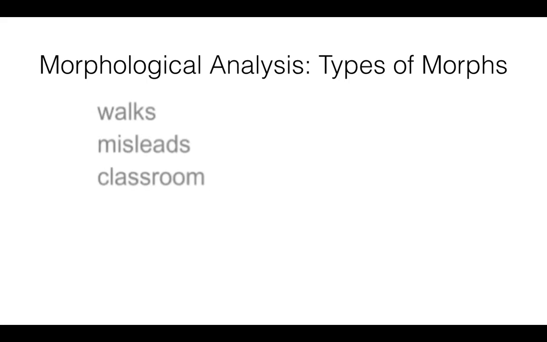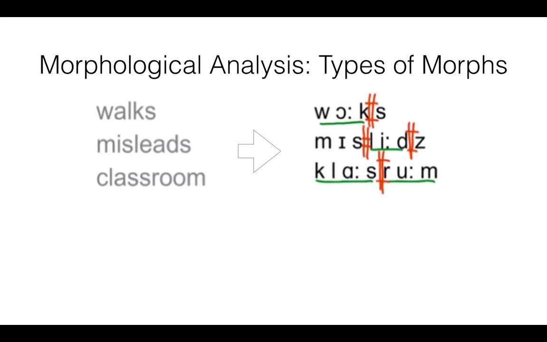So for example, here we have some examples, okay? We have three examples: walks, misleads, and classroom. Now, in order to try to determine the morphemes and allomorphs, we have to do what we call phonemic representation, phonetic transcription, the pronunciation of the different sounds.